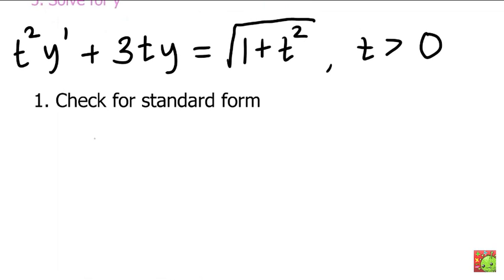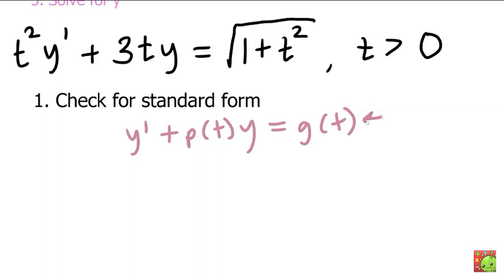If you recall, the standard form of a first-order linear differential equation is y prime plus p of t, y equals g of t. And that is our standard form.